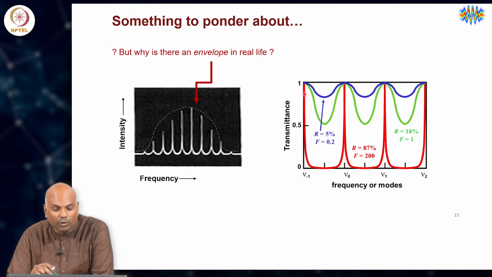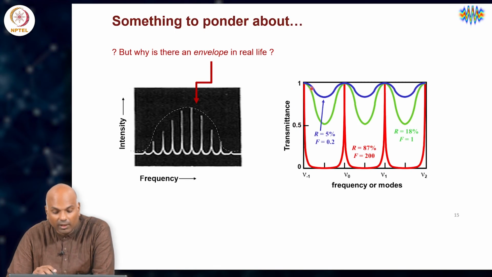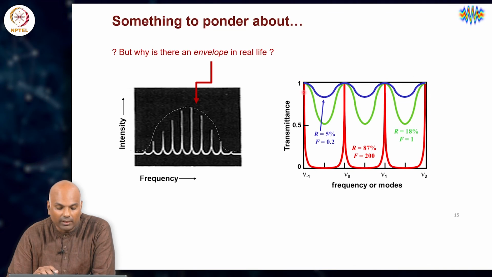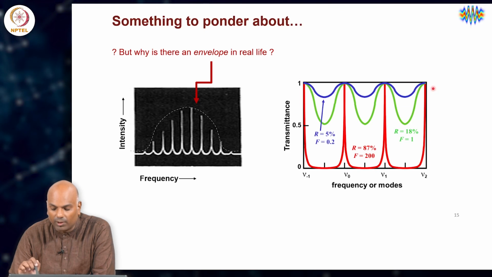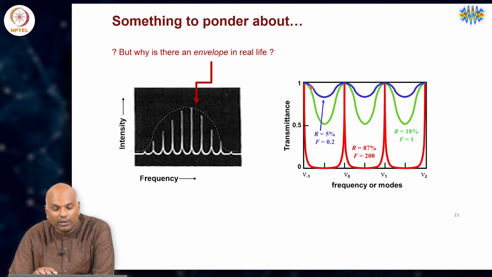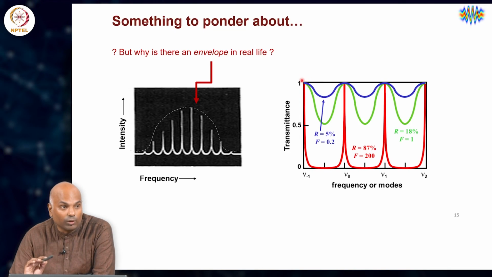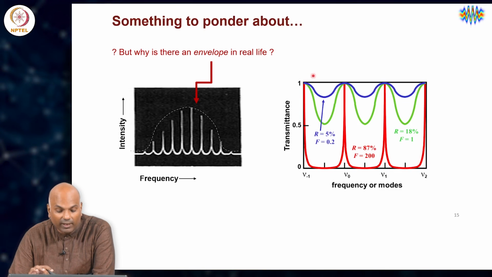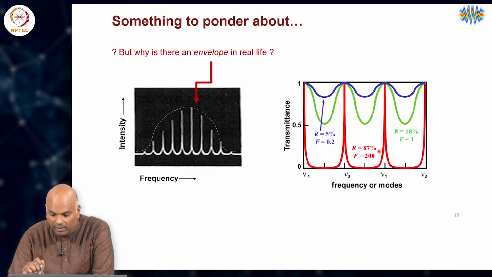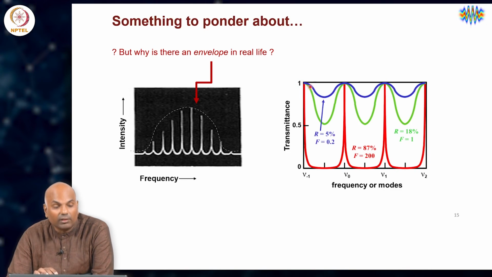That is to say, I am not normalizing anything on the vertical scale, if you know what I mean. It is not that this quantity is identically 0.6, 0.6, 0.6 and whatever, and I simply divided all this by a common factor to get one here. No, in theory, for the lossless resonator with any reflectivity, as poor as 5%, as high as 87%, you would essentially get the transmittance unity.